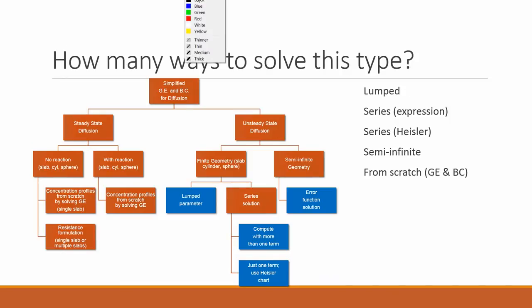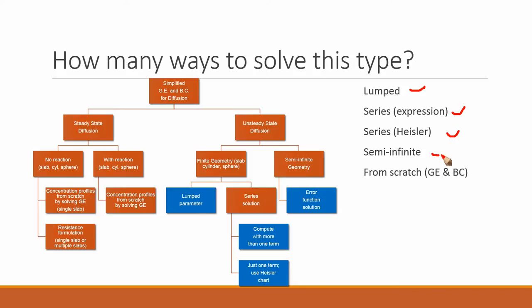One is the lumped, and one is a series by actually using the expression, or series by Heisler chart, which is kind of the same, except that Heisler chart doesn't do very early time.